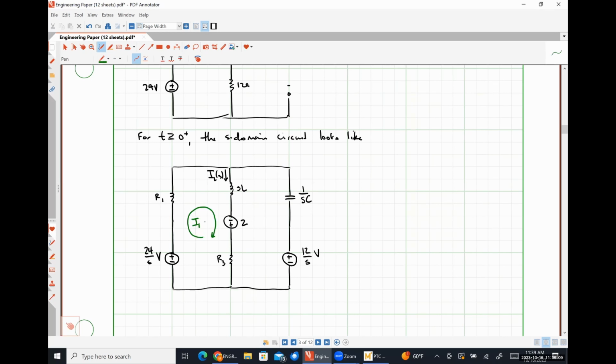So this is going to be our mesh current I1 of S. This will be our mesh current I2 of S, and very obviously then IL of S would just be I1 minus I2.